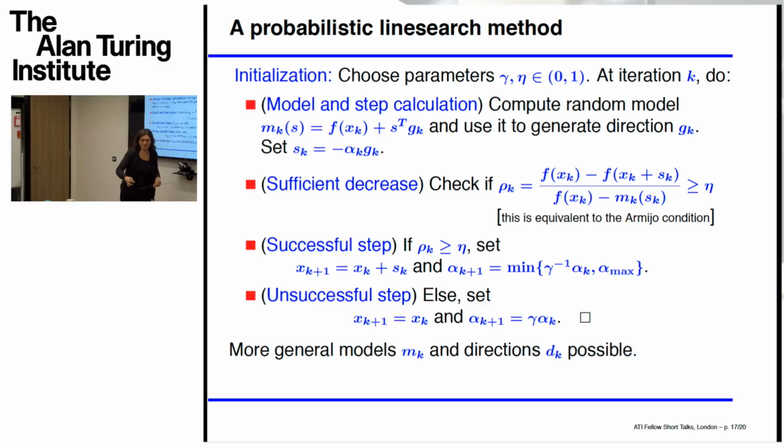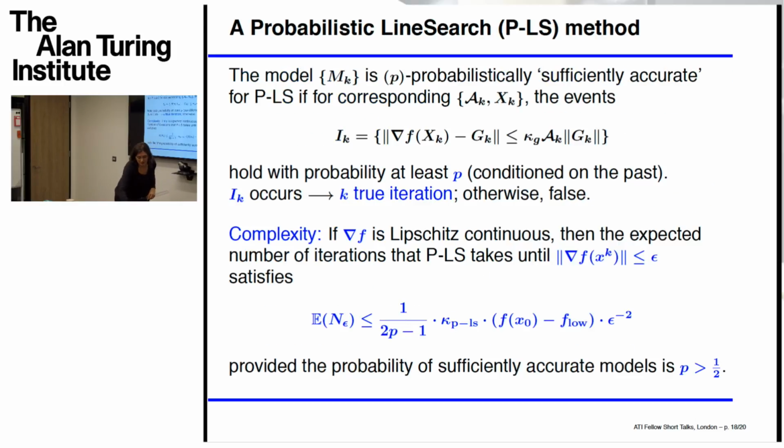And again, for this framework, we recover, if the first order model is good with probability greater than a half, the complexity of first order methods of epsilon to the minus 2, and again, it's just a constant multiple depending on the probability of the model being good. So the complexity is just the standard classical complexity multiplied by a constant factor.